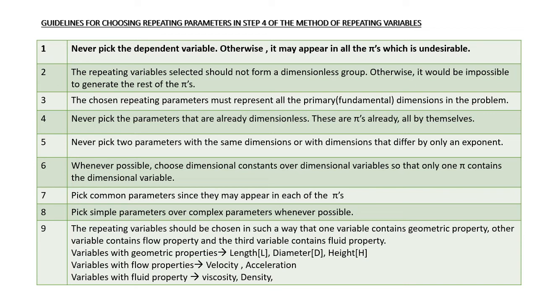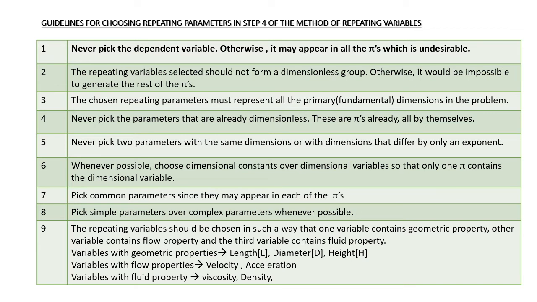The second rule is that the repeating variables selected should not form a dimensionless group. You should not choose variables which themselves form a dimensionless group. The third rule is that the chosen repeating parameters must together represent all the primary dimensions in the problem, out of the given parameters.